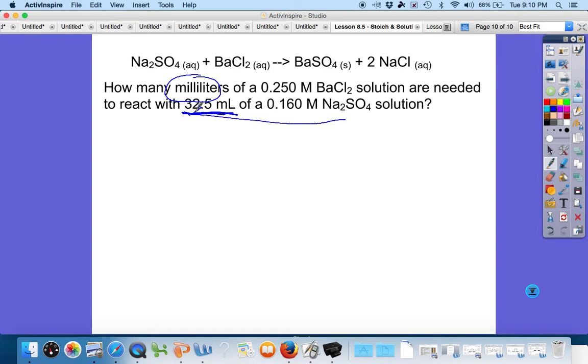Except we need to convert it to liters. So 0.0325 liters. 0.160 molar sodium sulfate solution, so that we know that this is 0.160 moles of sodium sulfate per 1 liter.